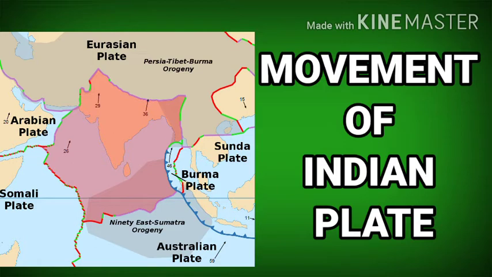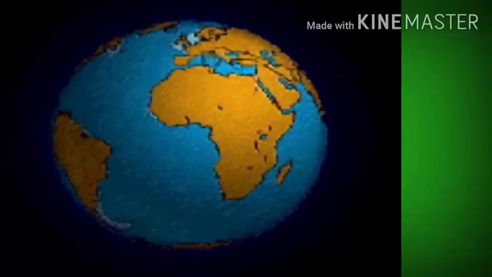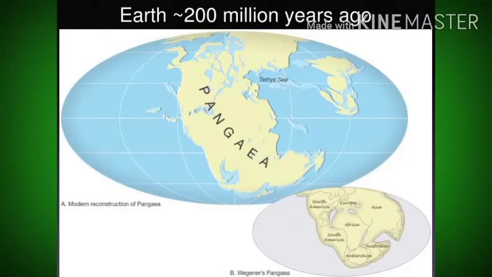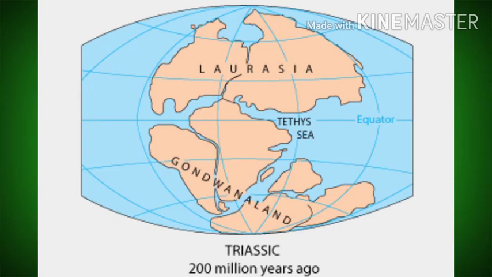It is the movement of the Indian plate. In our last video, I explained the supercontinent known as Pangaea. Later, it broke up and divided into two major continents known as Laurasia and Gondwana.